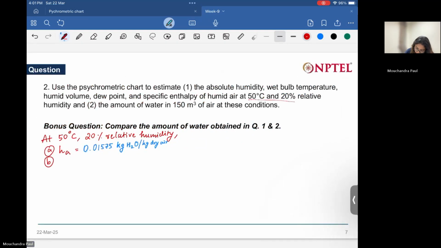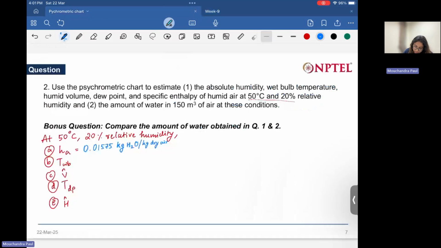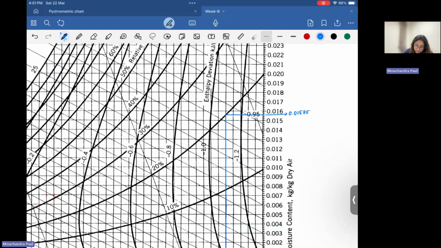Then wet bulb, humid volume, dew point, and specific enthalpy. So let's calculate the wet bulb now.